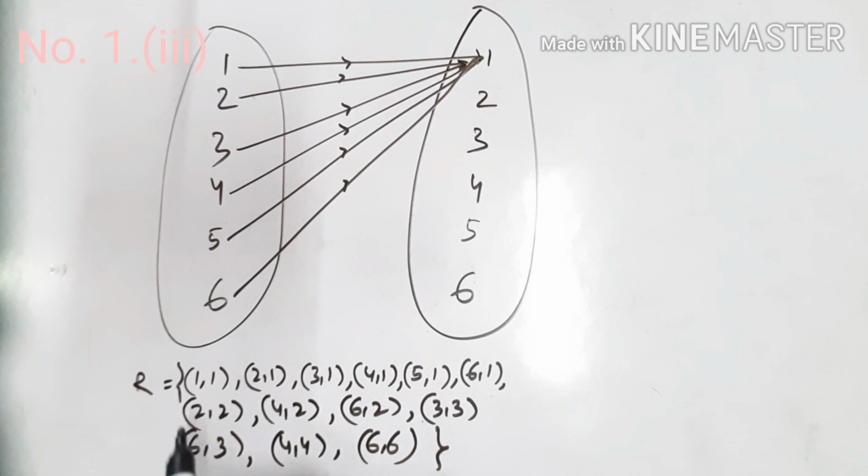See here, (1, 1), (2, 1), (3, 1), (4, 1), (5, 1), (6, 1) are related.